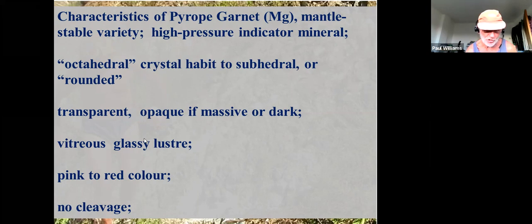The vitreous glassy luster is characteristic, and for the pyrope garnets, this pink to red color is characteristic. And as I've said before, there is no cleavage with garnets.